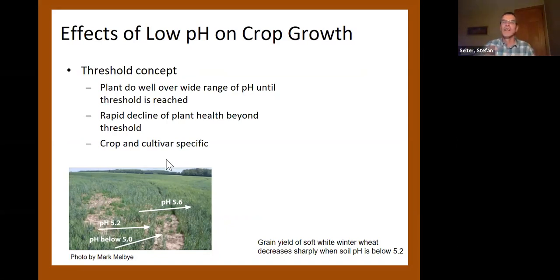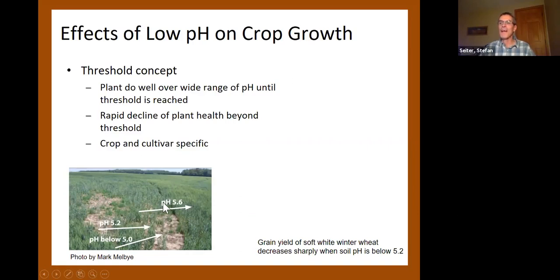That's okay, but know that plants also have a range, and the plants do really well over a certain range, and then all of a sudden they drop off dramatically, so it's a very rapid decline when you go beyond that threshold.